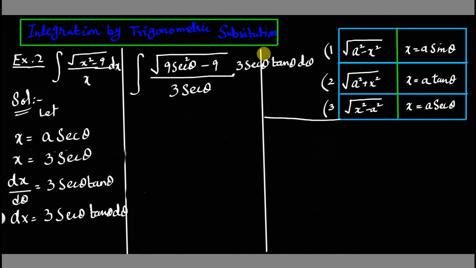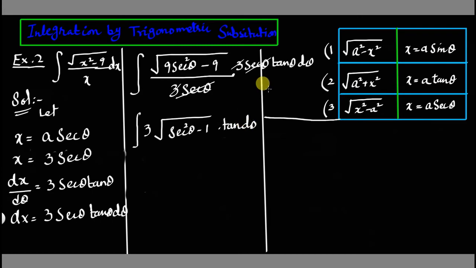So you can see secant theta will be cancelled out with this secant theta, 3 will be cancelled out with this 3, and if you take 9 out of the square root, it will become 3, and you have left secant square theta minus 1 into tangent theta d theta.